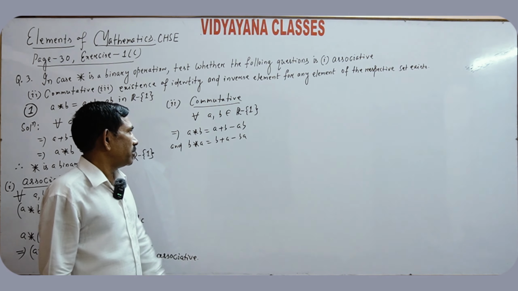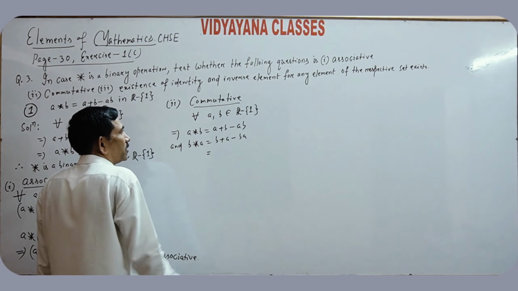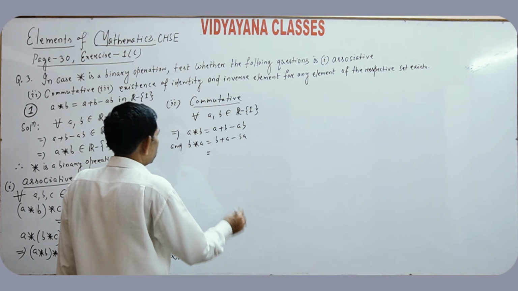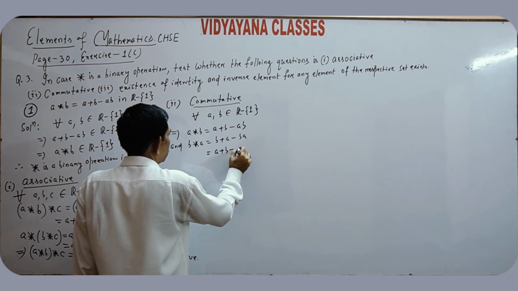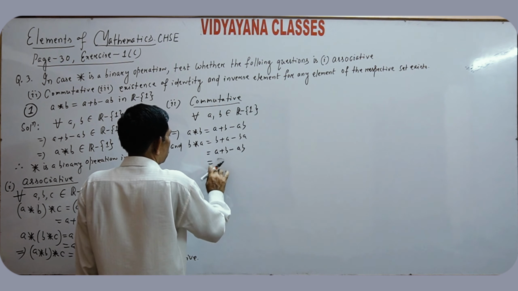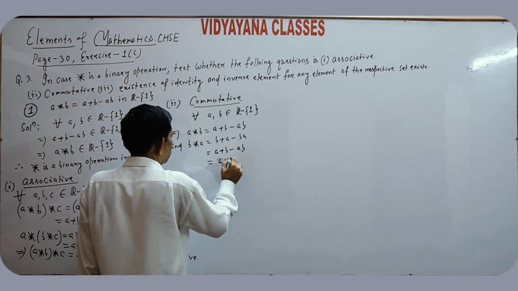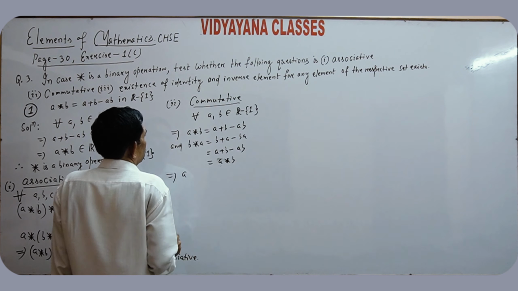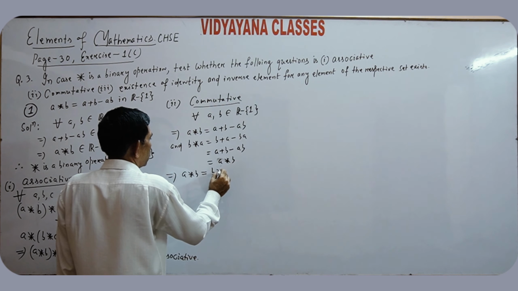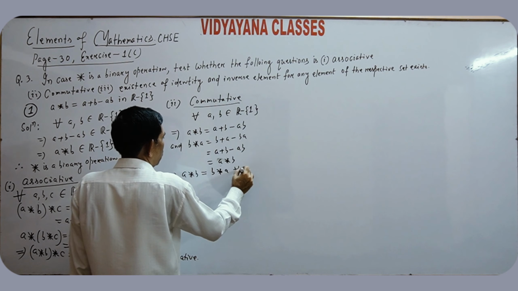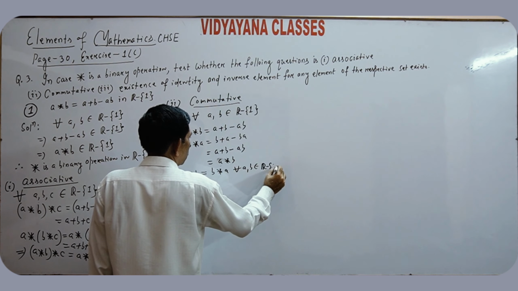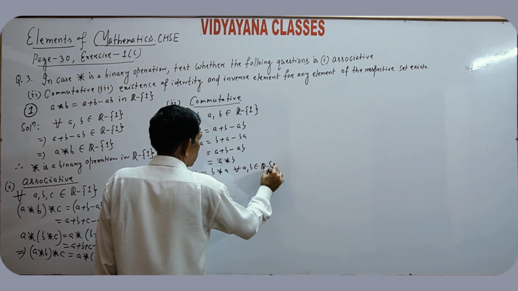Real numbers are commutative with respect to addition and multiplication. So we can write A plus B minus AB, which is equal to B star A. A star B is equal to B star A for all A, B belongs to R minus set of 1.